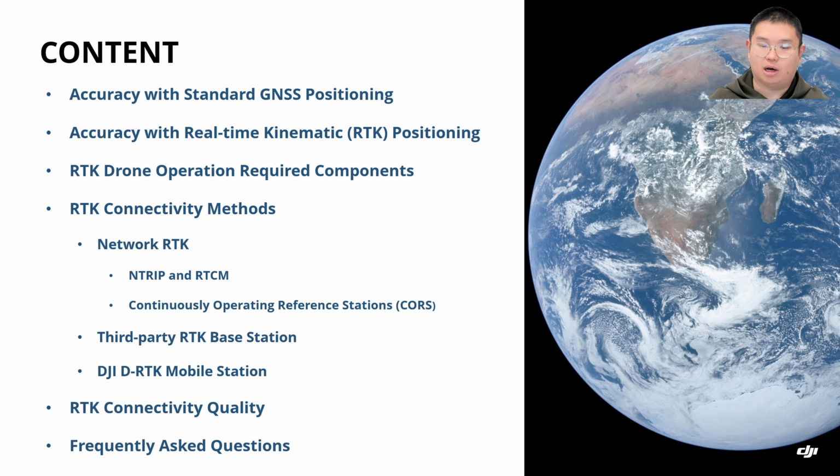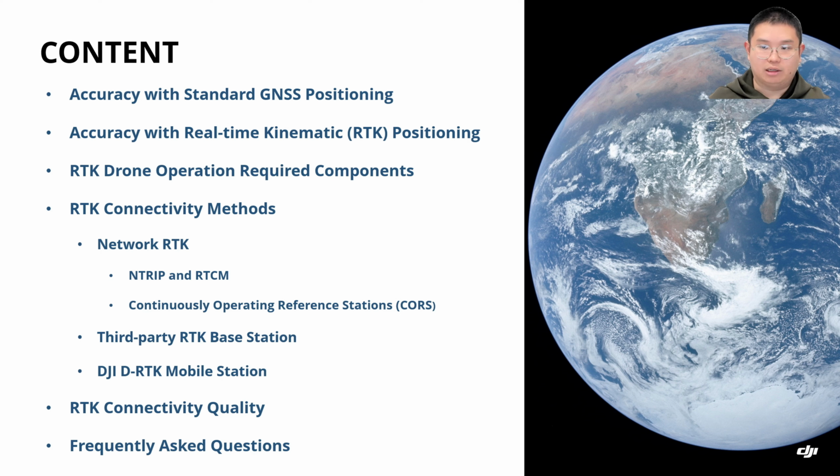After that, I'm going to talk about some scenarios where you may want to consider using RTK over the regular GNSS positioning mode, and also talk about some required components for RTK drone operations. And because we have so many different methods for connecting the RTK service, I'll be covering these methods as well.